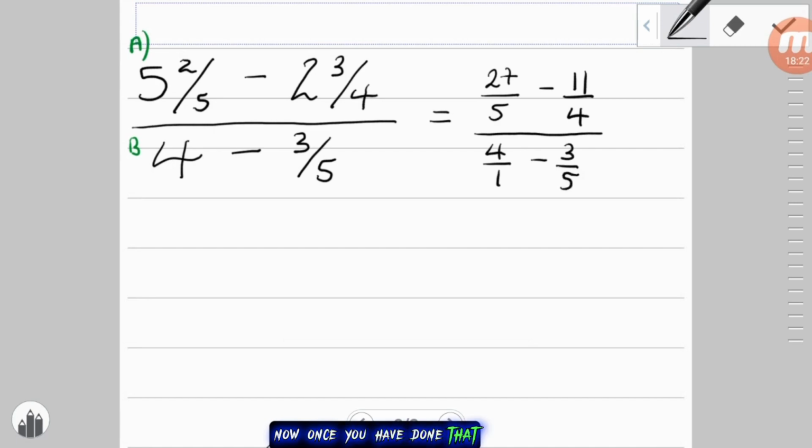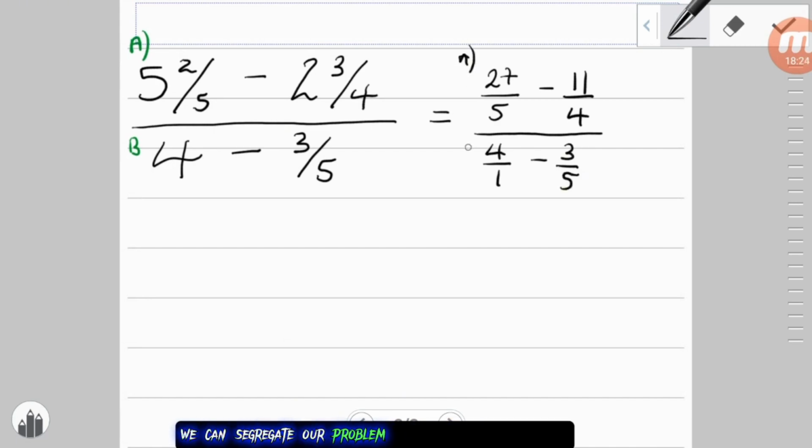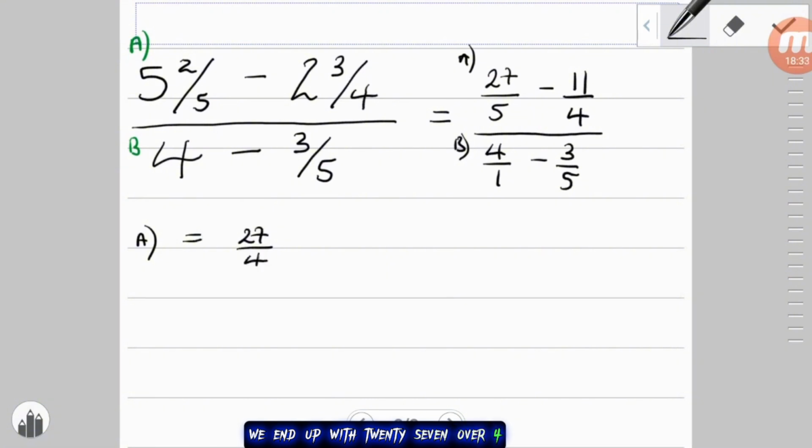Now once we have done that, we can segregate our problem and work it out in parts. So let's bring this A part of the problem down here. We end up with 27 over 5, take away 11 over 4.